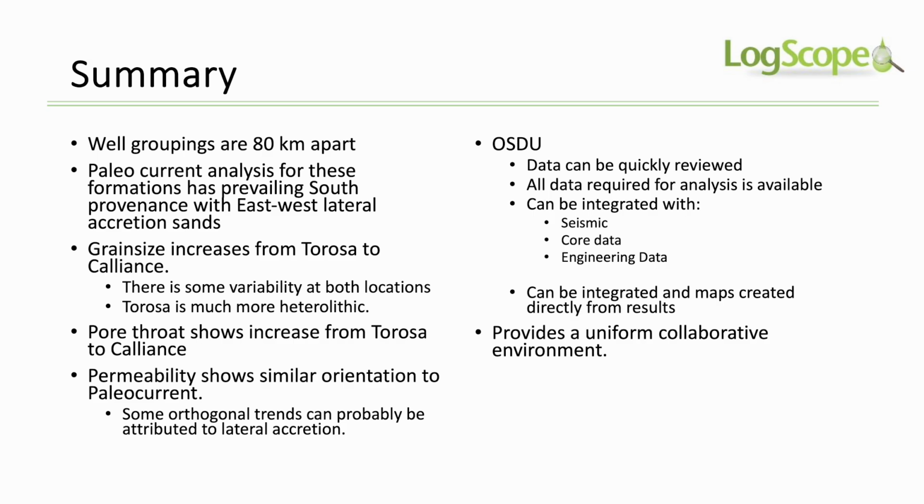The grain size in this work seems to increase from Tarosa to Caliance, but there's variability at both locations, and Tarosa seems to be more heterolithic. The pore throat shows an increase from Tarosa to Caliance, and the permeability shows similar orientations to the paleocurrent permeability. And we also pick up some orthogonal trends.